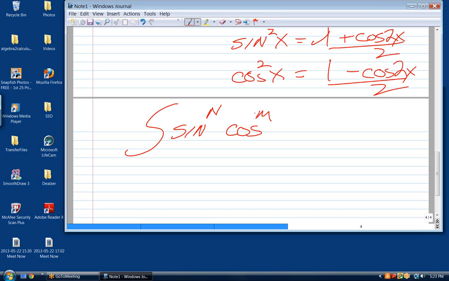If one of them is odd, I'm going to pull one of those out and use the power rule, what I call the power rule. And if they're both even, we're going to use the reduction. So I can now handle all cases of sine combined with cosine.